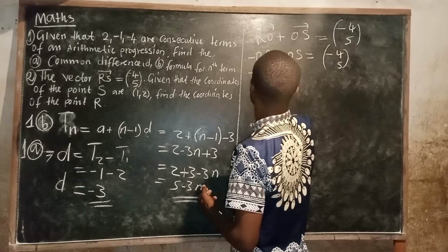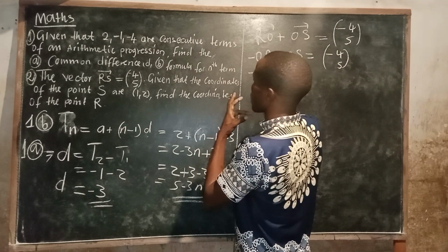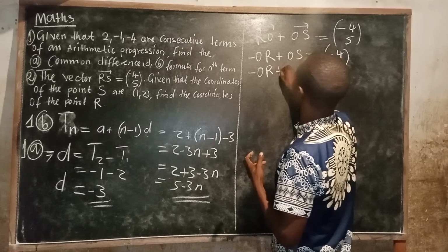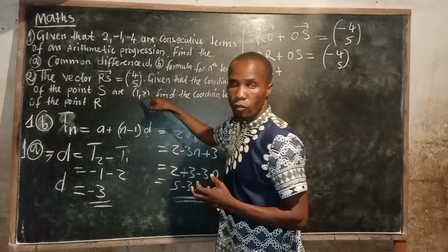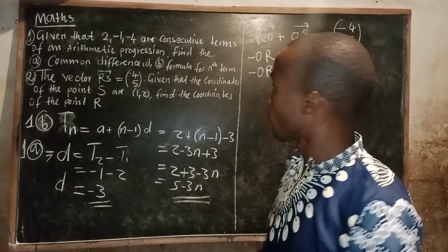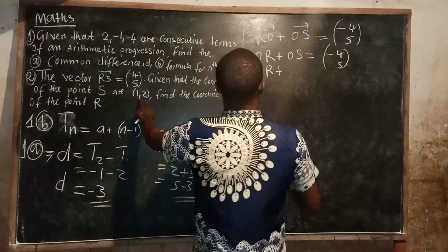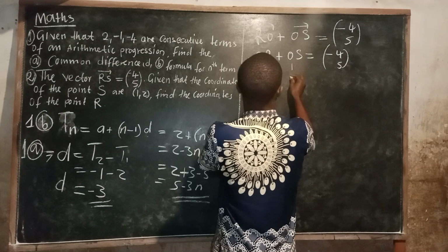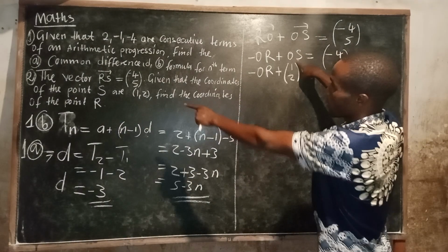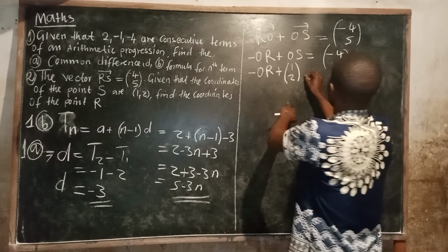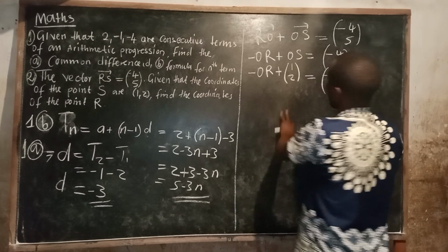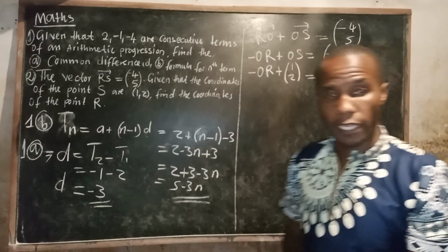So we are going to say negative OR, then plus the coordinates that we are given. We are going to write these coordinates in vector form. So we are going to say 1, 2, that is the OS, that is S, which we are given. Then equals negative 4, 5. That is how we move in vectors.